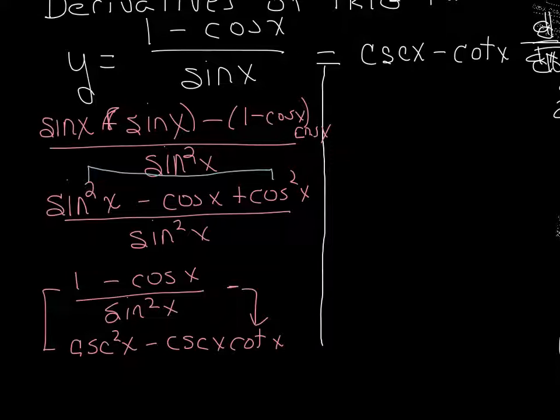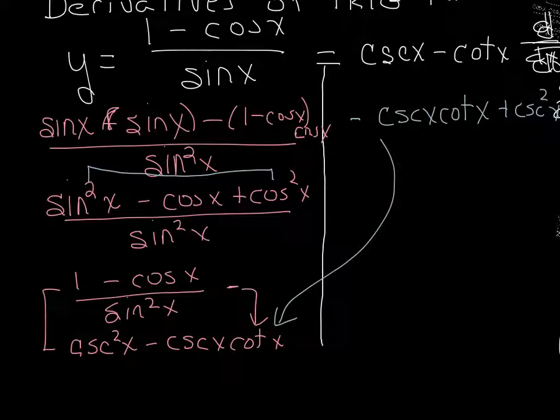Now let's work on the other side and see what happens if we take the derivative. The derivative of the cosecant we learned was negative cosecant x cotangent x, and the derivative of a negative cotangent would be minus a negative, which becomes plus cosecant squared x, which is the same thing we got there.